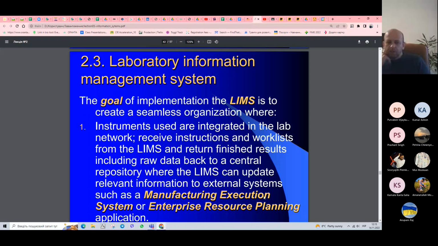The goal of implementing a laboratory information management system is to create a seamless organization where the instruments used are integrated in the lab network, receive instructions and work lists from the laboratory information management system, and return finished results, including raw data, back to the central repository, where the system can update relevant information to external systems such as manufacturing execution systems or enterprise resource planning applications.